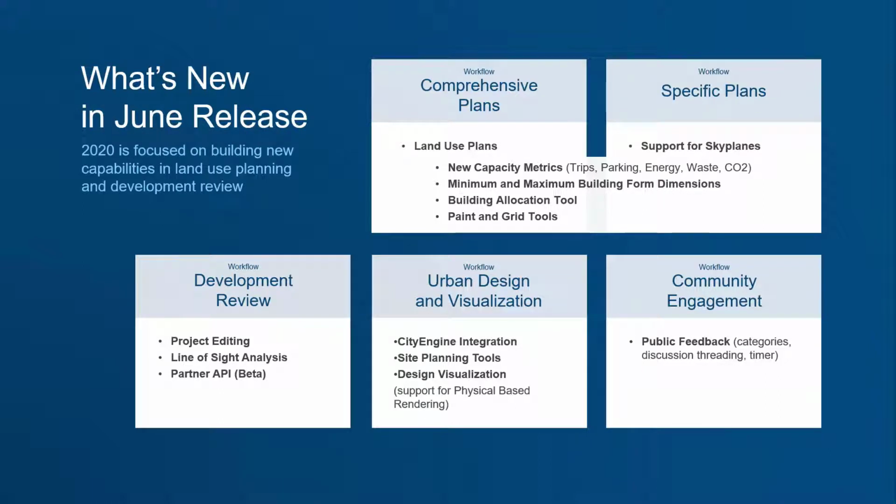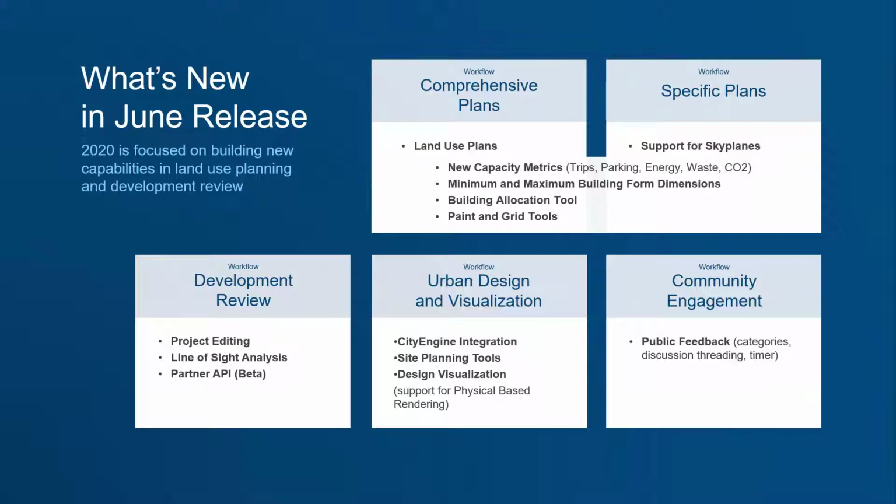Yeah, so in June, we really focused on these 5 core workflows: comprehensive planning, specific plans, development review, urban design and visualization, and community engagement. I think we showed most of these features, but there's a couple I did want to call out.